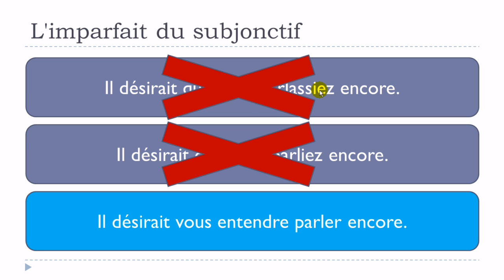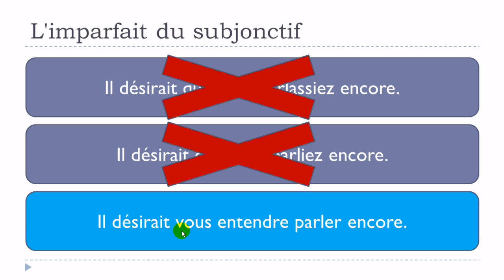I mean, this imparfait du subjonctif here for vous, as you saw, it's quite heavy and it's not used. The second one in here, it's not possible because it's not correct. And this is the reason why we tend to use a structure. And this structure is quite interesting because actually we won't use this subjunctive form.